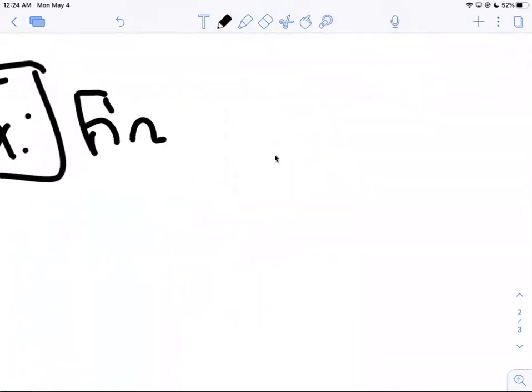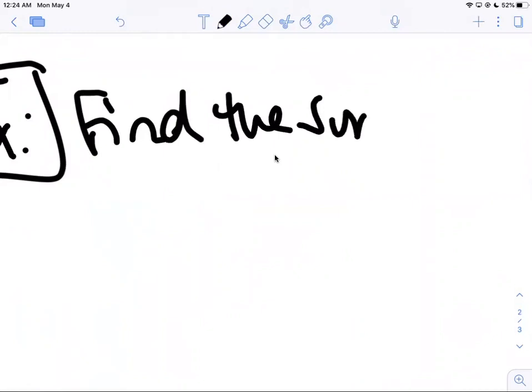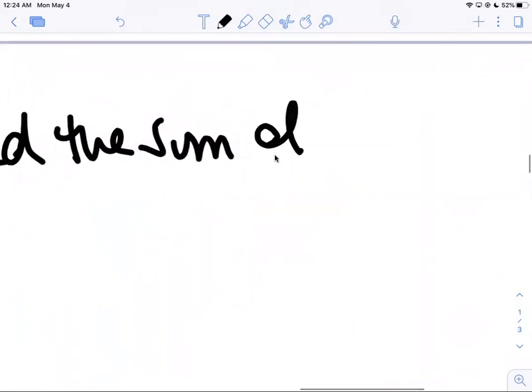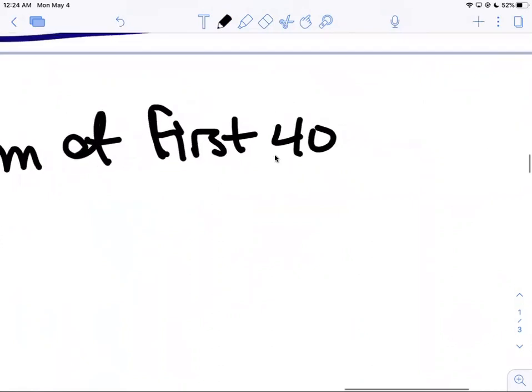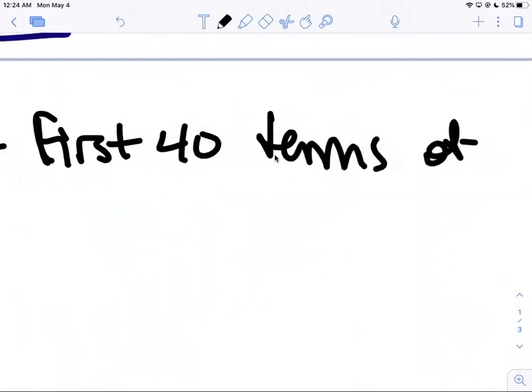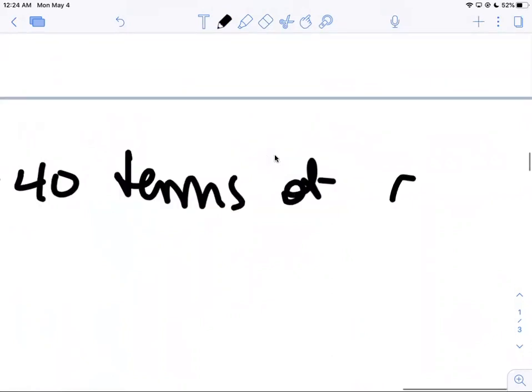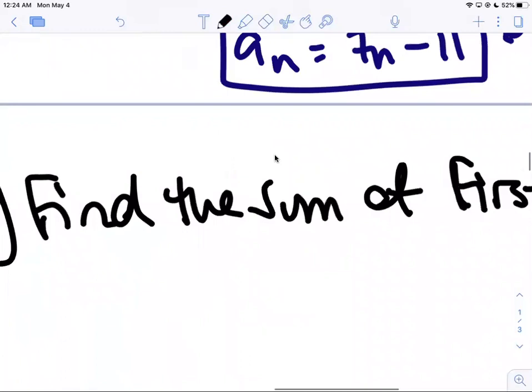I'm going to say find the sum of the first 40 terms of an arithmetic sequence.